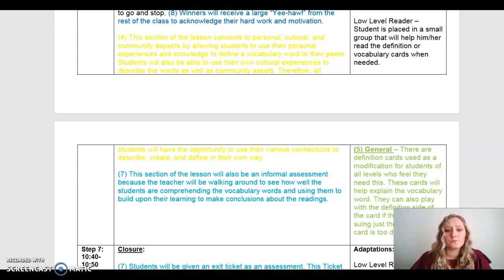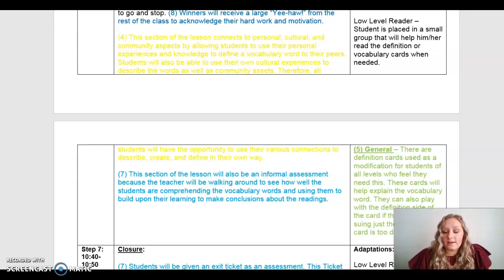I thought this was a really good way for students to use their own cultural experiences, home experiences, schema and background knowledge to describe those words, because every student is going to have different connections they've been able to make and opportunities that they've had or used those vocabulary words. So therefore, they can use all those aspects to develop that personalized definition for their peers.